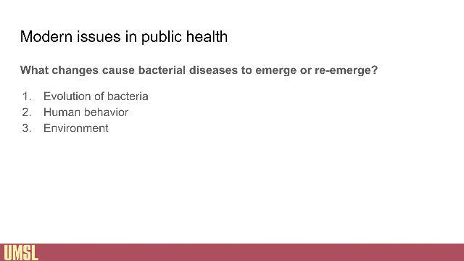Things that really shape this, we've seen this slide before, are evolution of bacteria, all of these events that we talked about last time. Human behavior, right? Making selective choices about your lifestyle, about the lifestyle of those associated with you, vaccinating or not vaccinating, for example, and your environment.